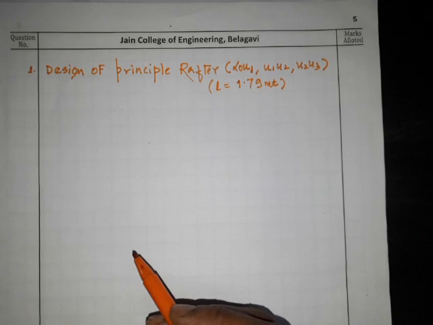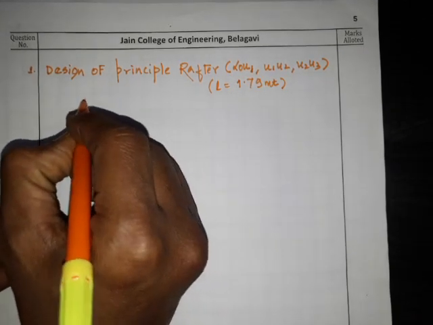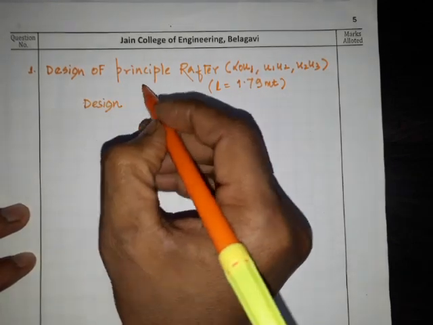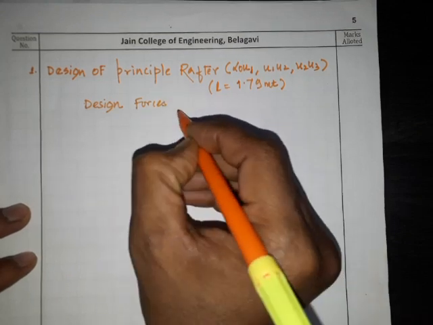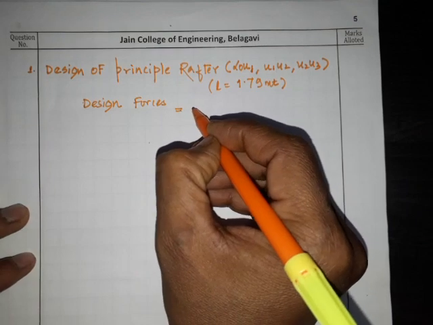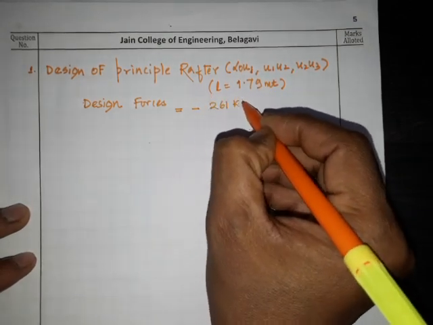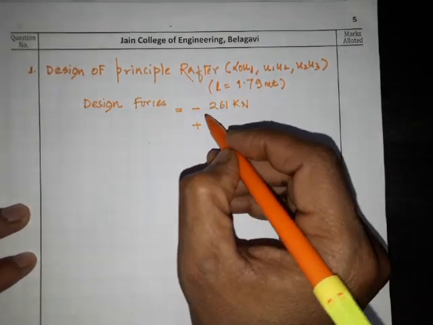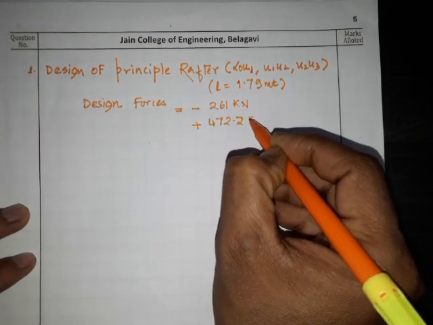And the design forces you have to design for are minus 261 kilonewton and plus 472.2 kilonewton.